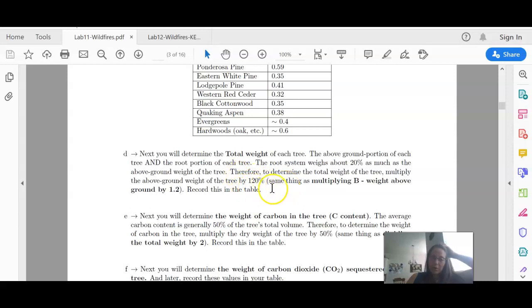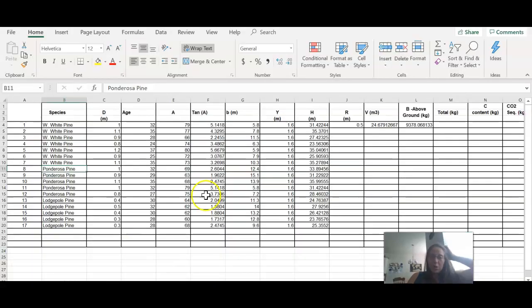So you multiply this times 120%, meaning simply by 1.2. That's how we find the total weight of the tree, by multiplying the oven-dried biomass number we just got times 1.2. So let's do that. The total is going to be B times 1.2. That was straightforward, and you can drag down without any problem.